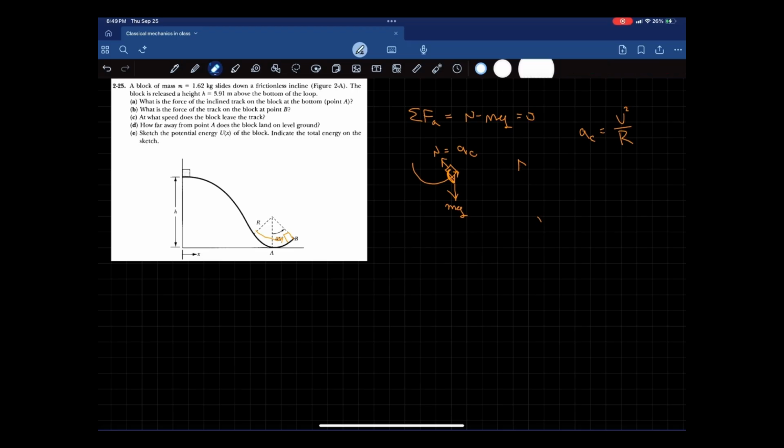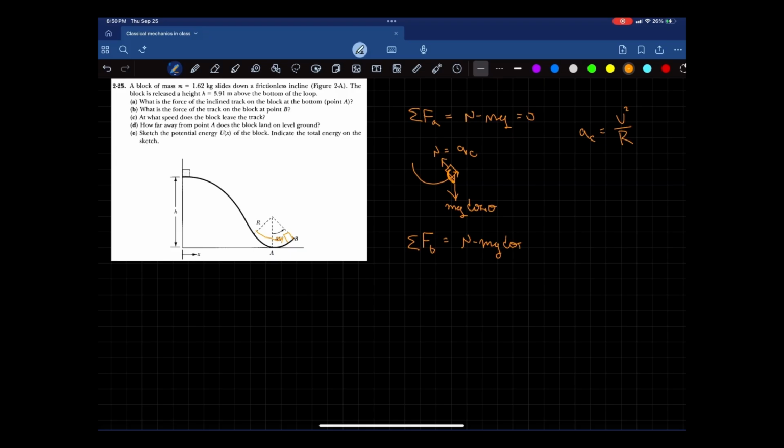Then we can write the forces in the b direction as N minus mg, and we can't forget the cosine, because that's what helps balance out our direction.